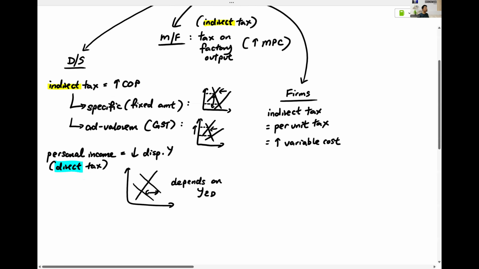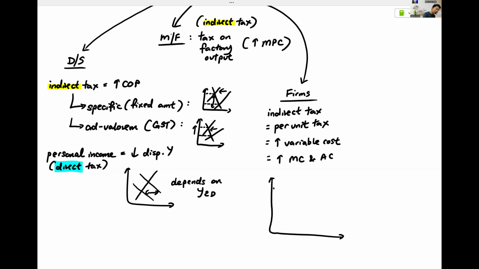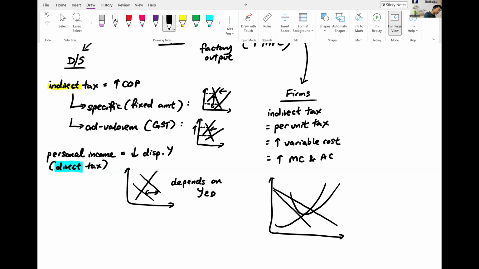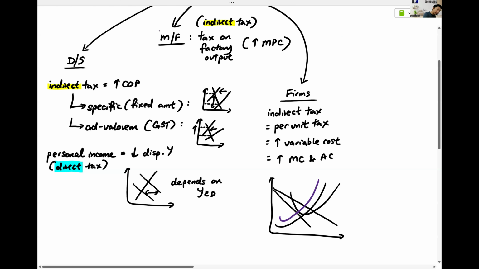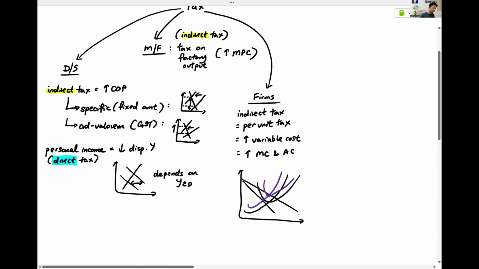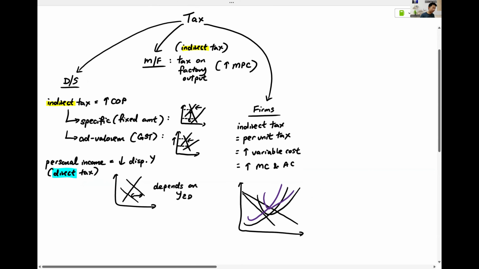Xavier, I think this one you know. Increase variable cost, which curves shift? Very good. So this is going to increase MC and AC because it's a variable cost. From here, we just need to know they shift up. By how much doesn't really matter. Shift this up, MC, AC.